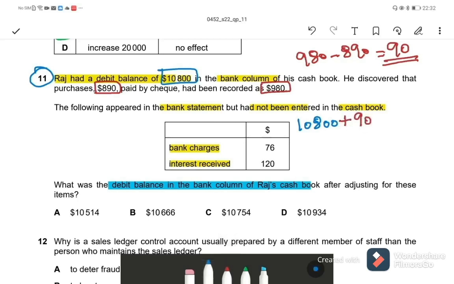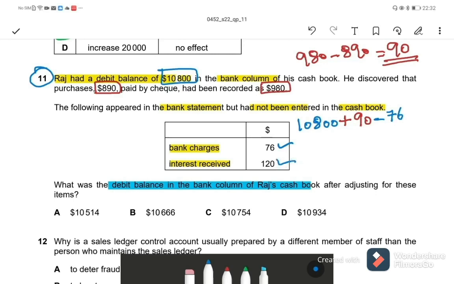And bank charges 76. Bank charges is an expense. It is not entered in the cash book. So we deduct it now, 76. Then interest received. Interest received is an income. This goes to the debit side.